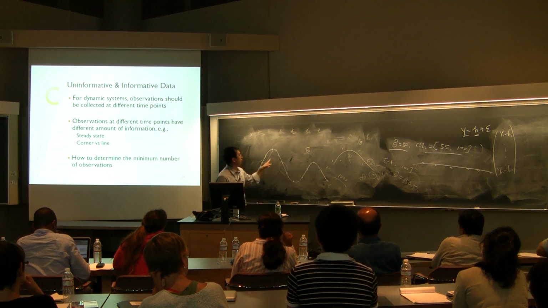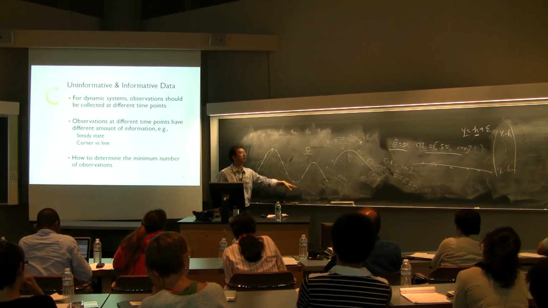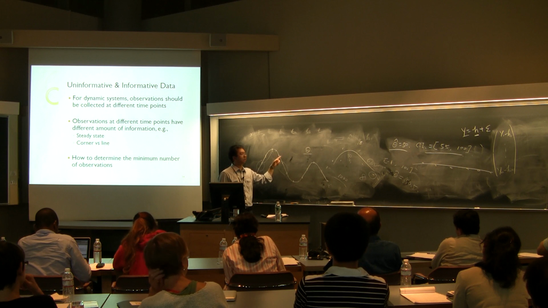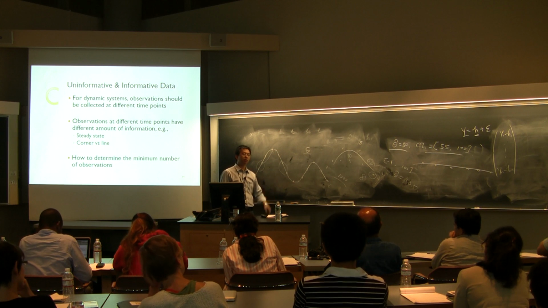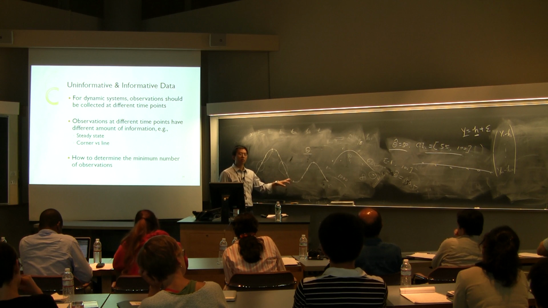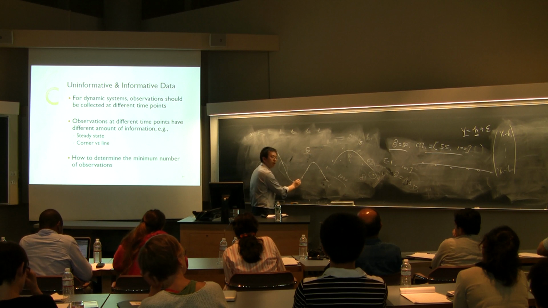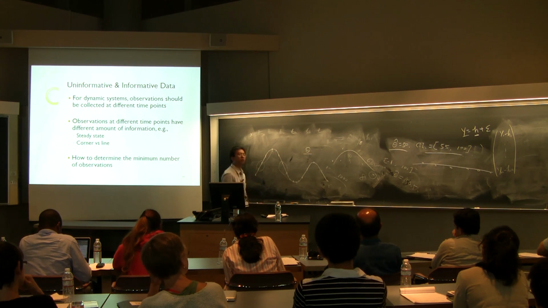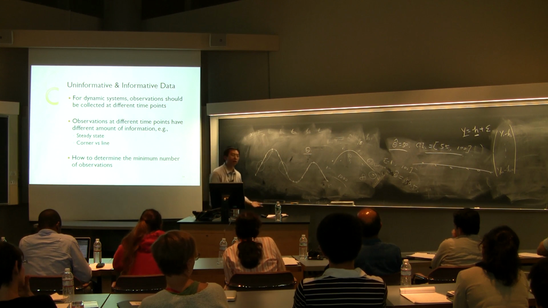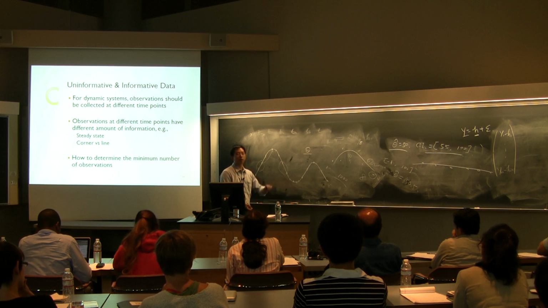Plug this into your model, generate the trajectory, and then you see the peaks and nadirs. Then you can start to make some suggestions: should I put more observations here? That's the position of the data points.